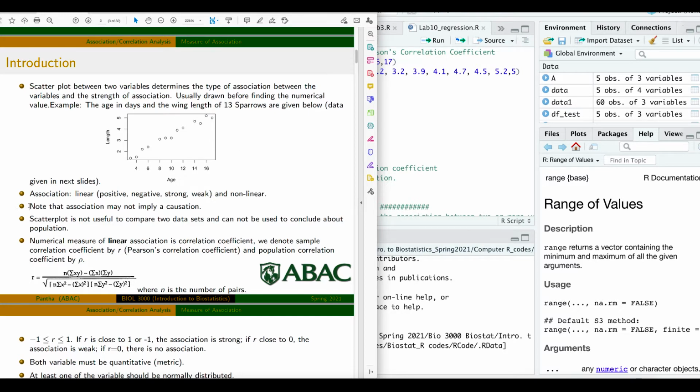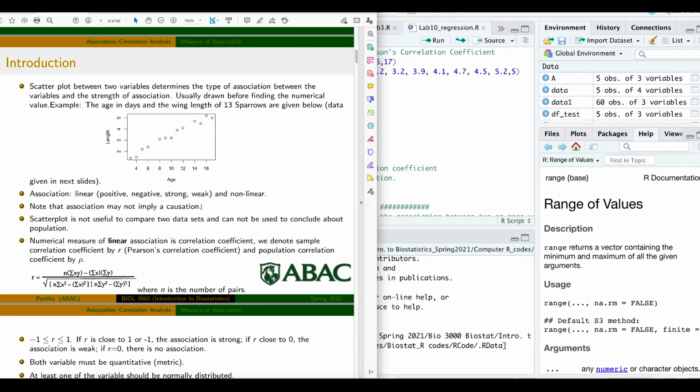A very important thing to note is that association may not imply causation. Sometimes it may imply it, sometimes it may not. In this example, whenever age increases, the length increases, so the increase in age causes the increase in length.